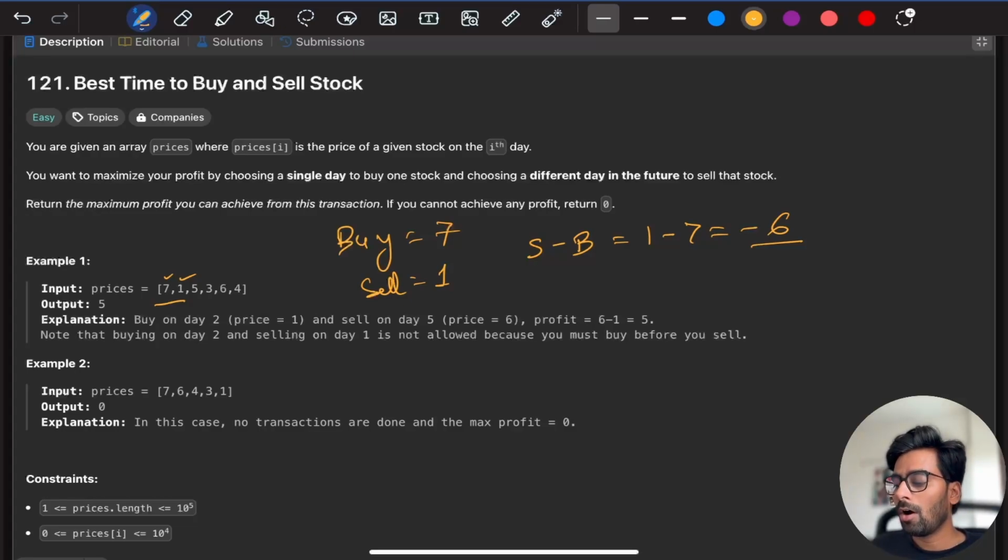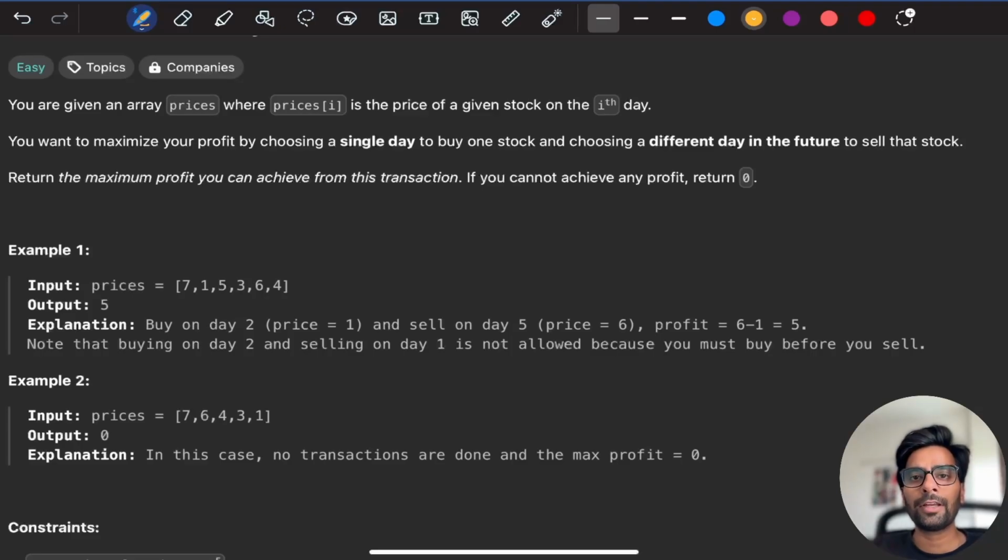Okay. So how can we solve this? What we can do is fix a cost price, that okay, this is going to be my price on which I'm going to purchase the share. And now see the other prices which can be the selling price.